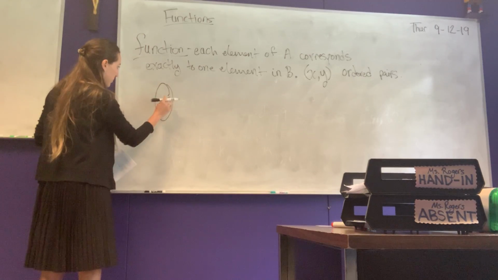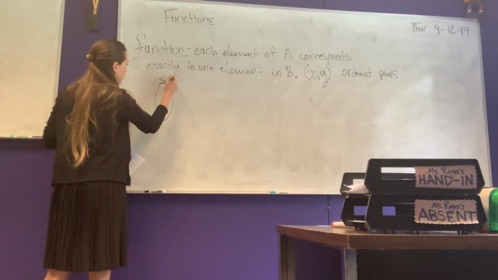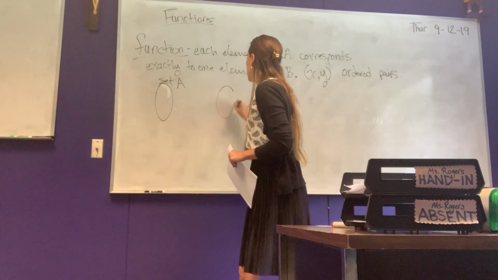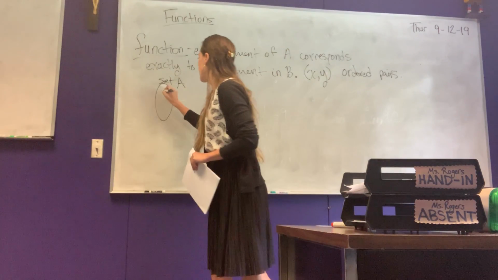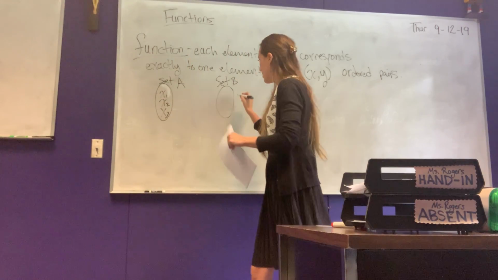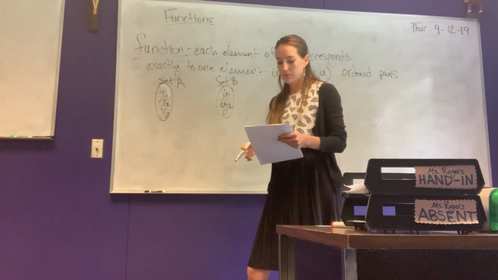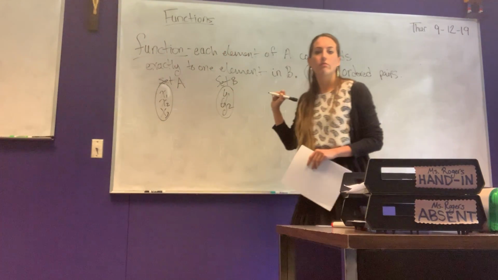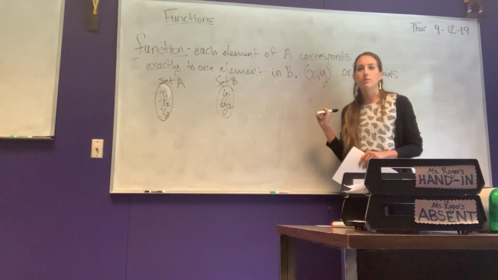Let's draw an example of a set which will be a function. So here's set A, and here is set B. In there I'm going to have my x1, x2, and x3. Over here I'm going to have y1, y2. Great job taking notes.